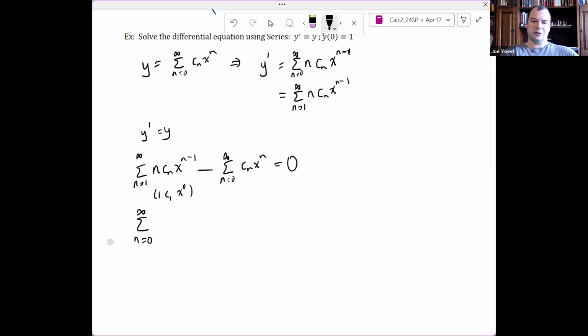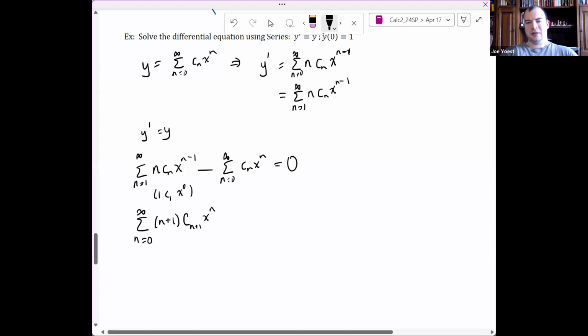My first term down here should look like 1 C1 x to the 0, or it should look like n plus 1 C subscript n plus 1 x to the n. That's a good way to get your series lined up correctly when you do a change of index like this or a change of variable: just say, what's my first term when I started? And then whenever I go to my new indexing, make sure that first term looks the same. And here it does, so we're happy with that.